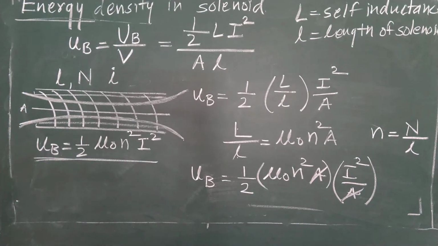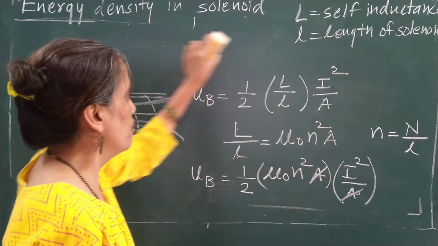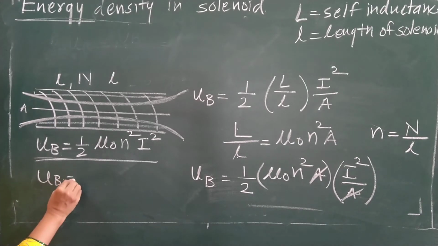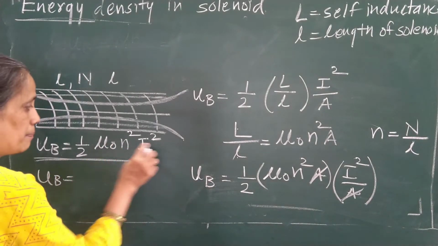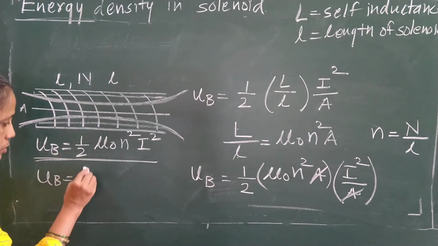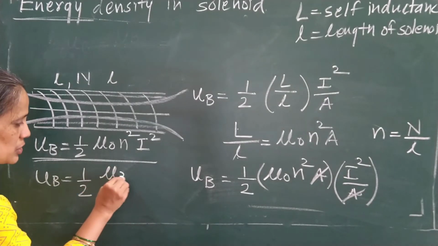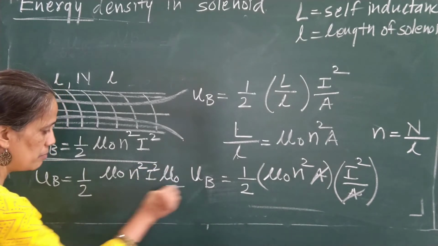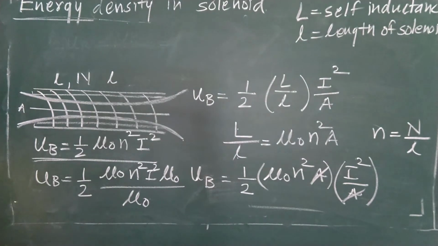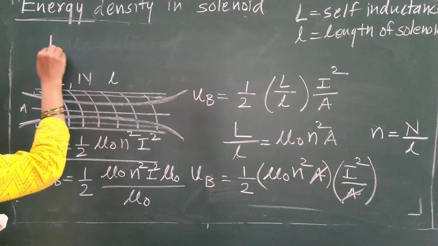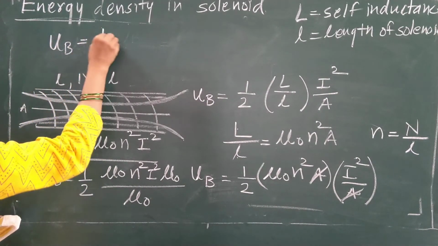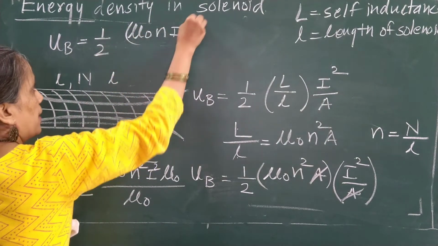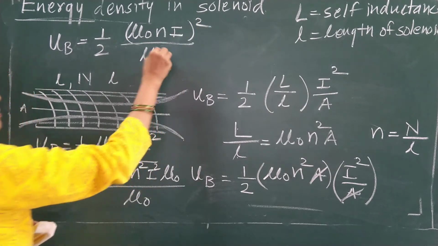Now this formula I can modify. Energy density can be written by multiplying and dividing by mu0. Now why? That is the question. Mu0 n square I square, again I will multiply by mu0 and divide by mu0. Why? See here, your energy density is half, bracket mu0 n I, bracket square, upon mu0.